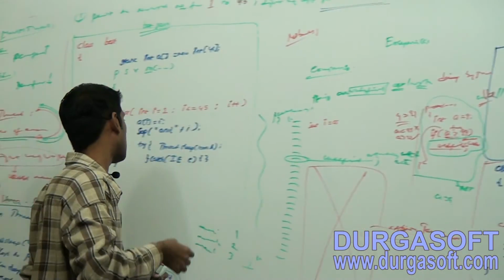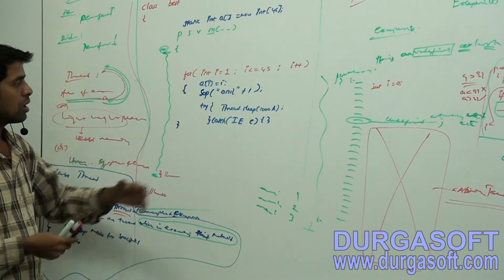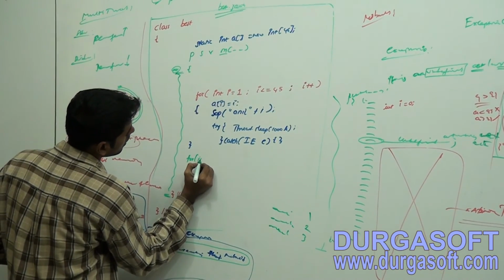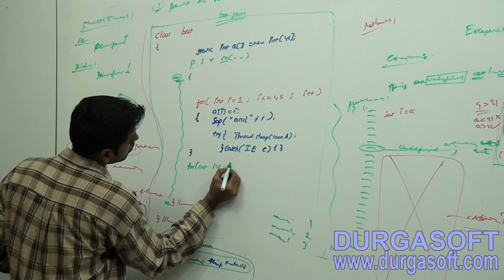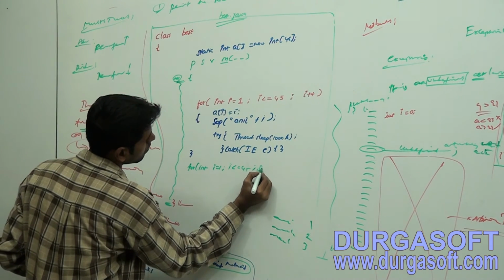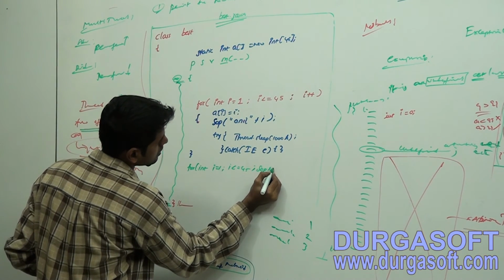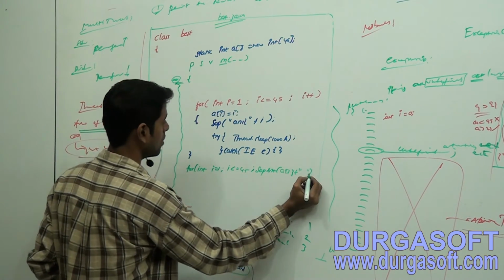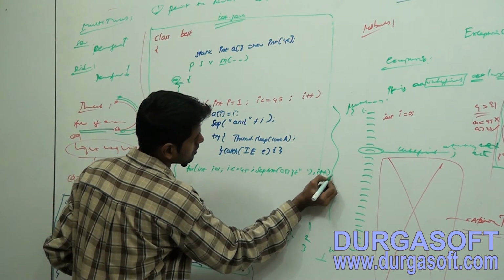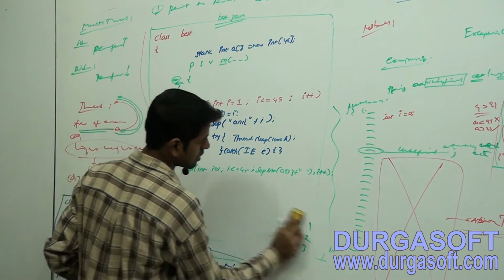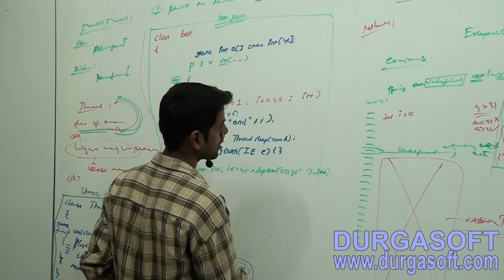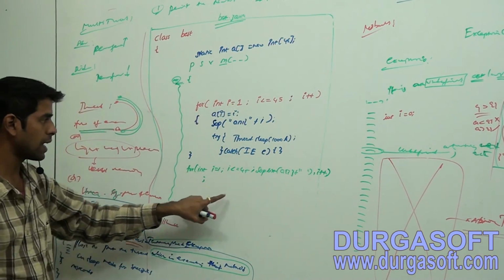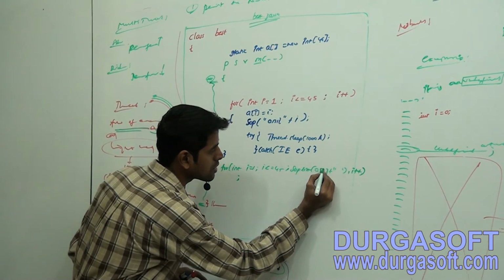How to print? For int i equals 1, i less than or equal to 45, just print a of i. Okay, that's it. Without using curly braces, I have taken only one statement.